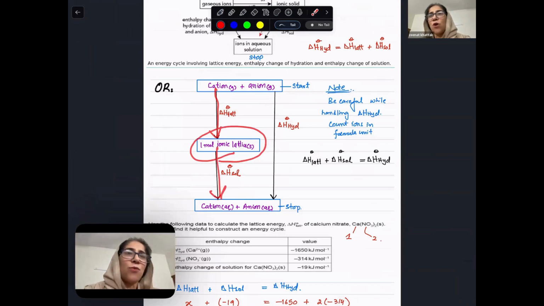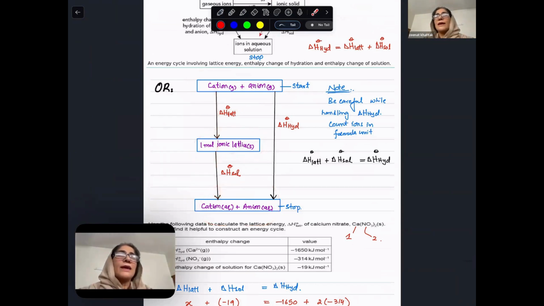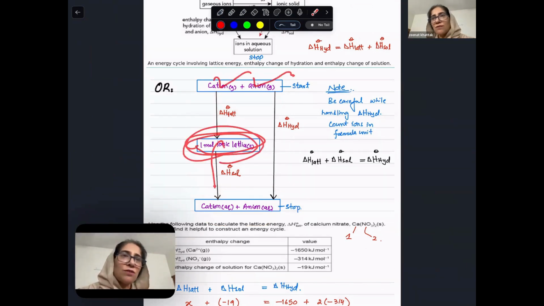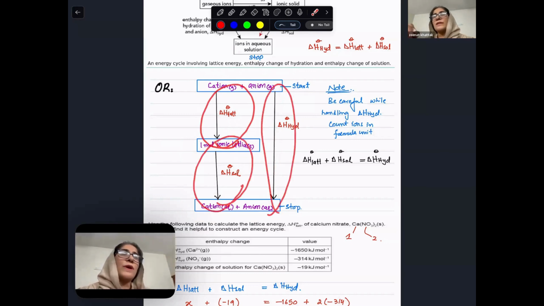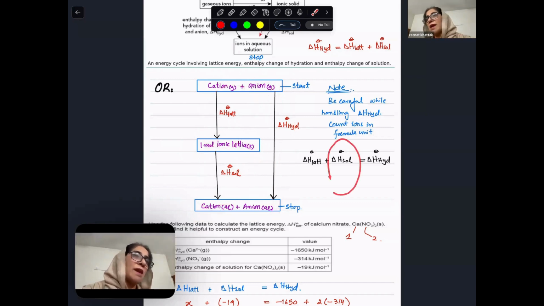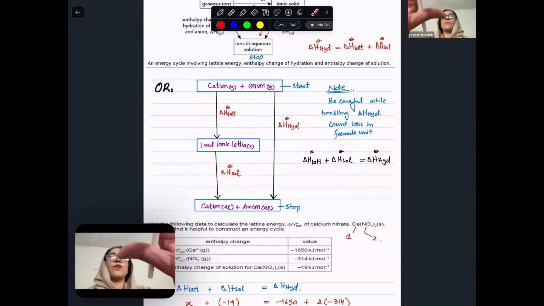The lattice dissolving in water is solution: 1 mole of ionic lattice dissolves in excess water, solution. And the gaseous ions dissolving in excess water is hydration. So hydration enthalpy is the sum of lattice plus solution. Delta H lattice plus delta H solution is equal to hydration. So if I make solution the subject, I get hydration minus lattice.